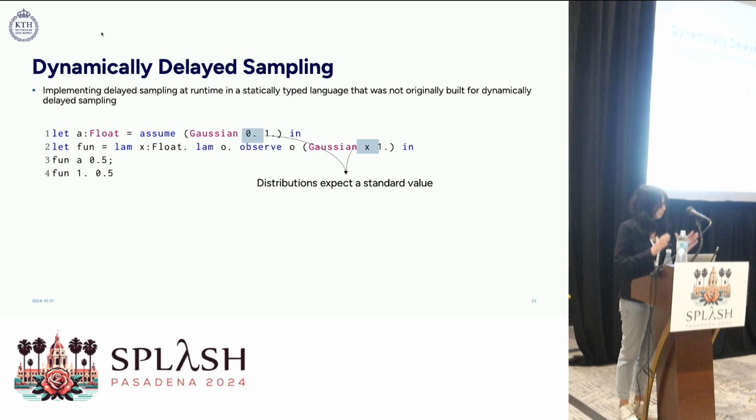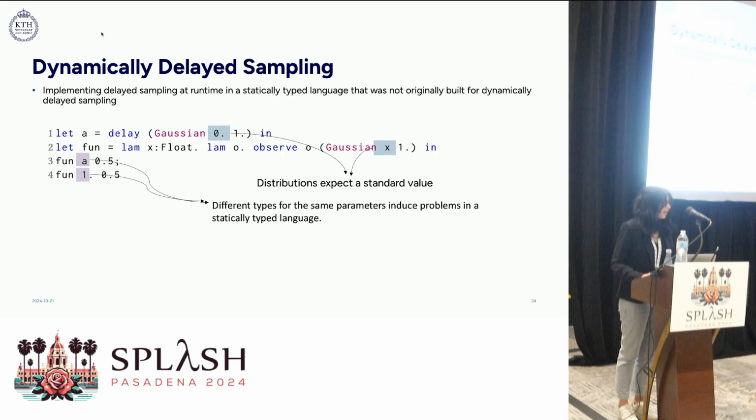This works perfectly if you don't have delayed sampling. But if you are delaying the sampling of A, now A cannot be a float because it's not sampled. Fun requires a float, and there's a kind of type conflict because we have different types for the same parameter.